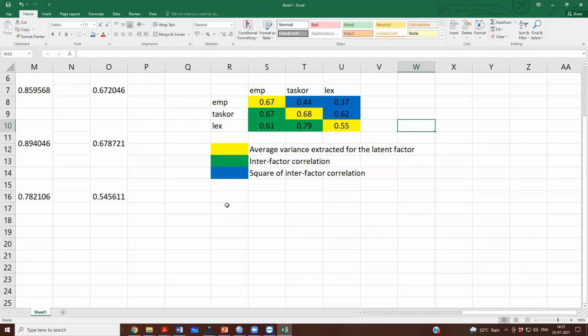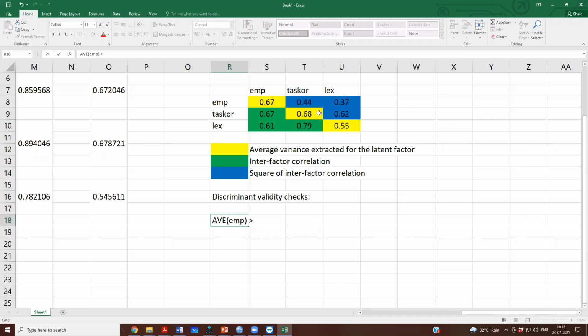Now, what are the discriminancy conditions? The validity checks. So we said AVE of EMP should be greater than the square of the correlation with task orientation, and square of the correlation with LEX, right?